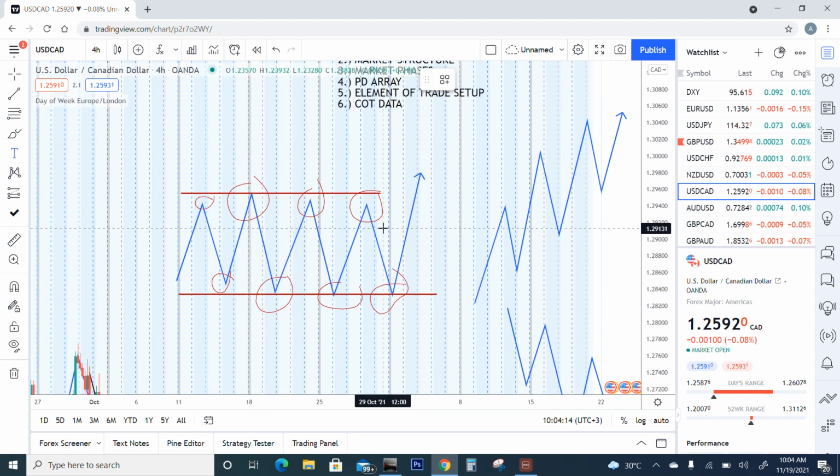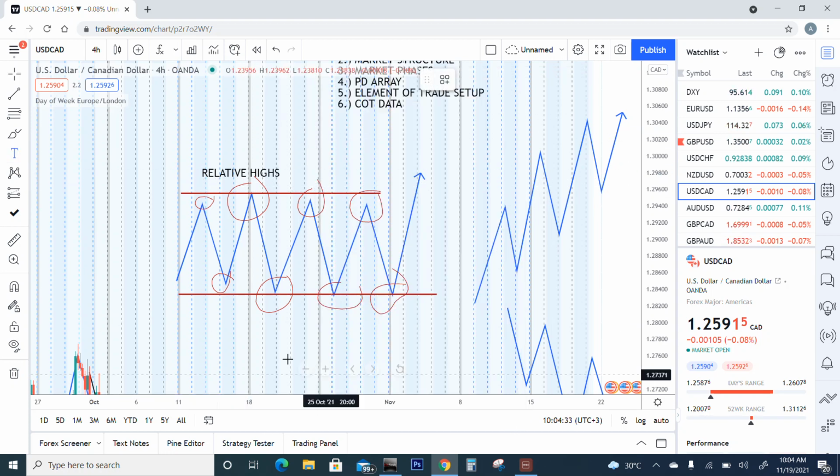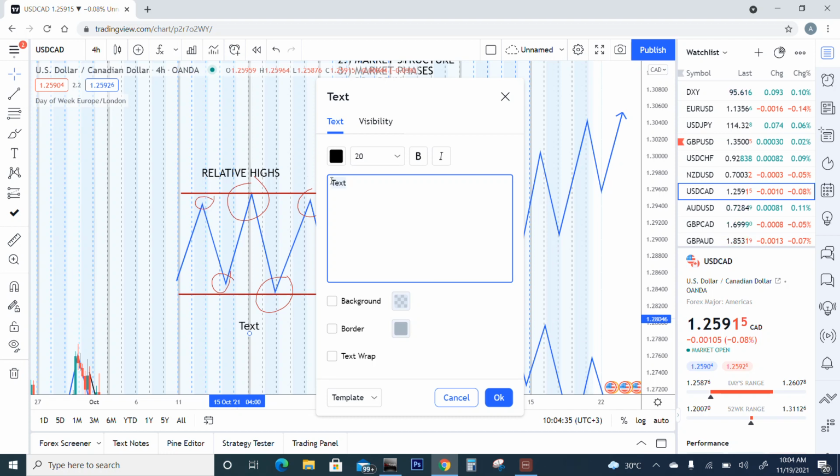So in this case, we can say all highs are relative highs, because this high was a new high, but then this is a high within the range. So we call them relative highs or equal highs, but it makes sense to call them relative highs. But we do have relative lows as well.